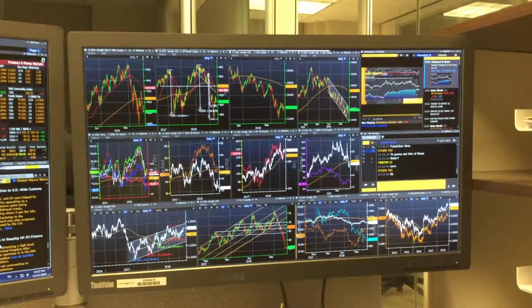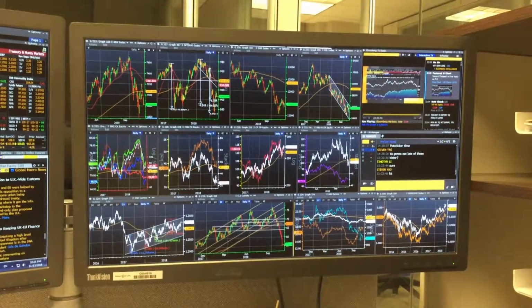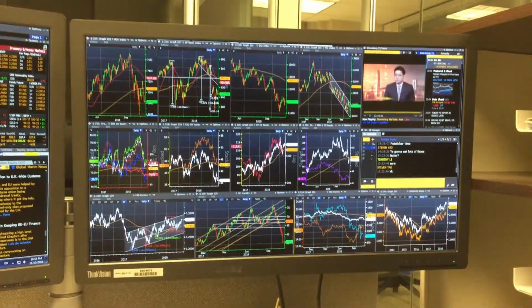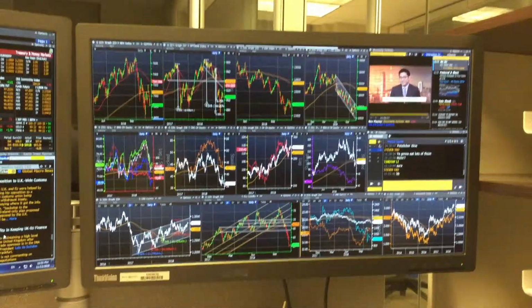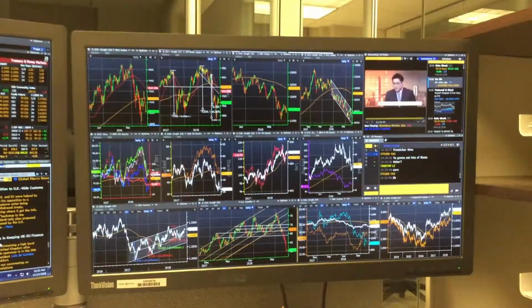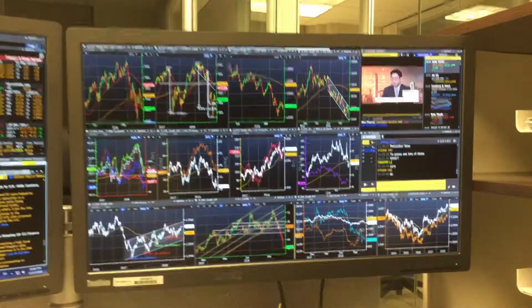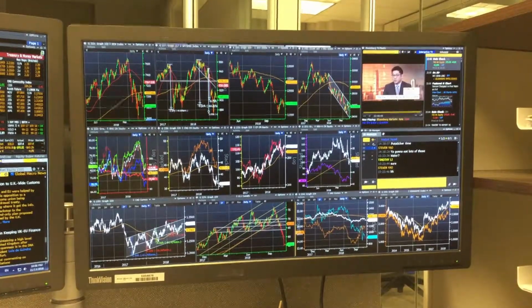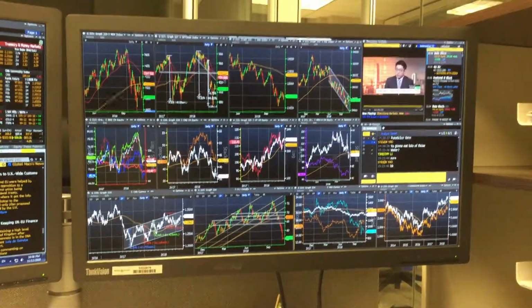On my right screen, the top row are my charts for global market indexes. I follow different countries on a high level just to see how every country is doing against each other. Just because the US is down doesn't necessarily mean that another country would be down, or they might not be down as much.